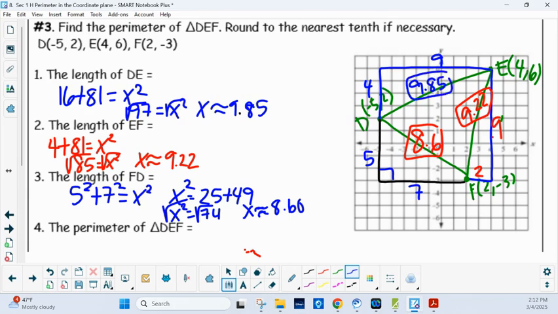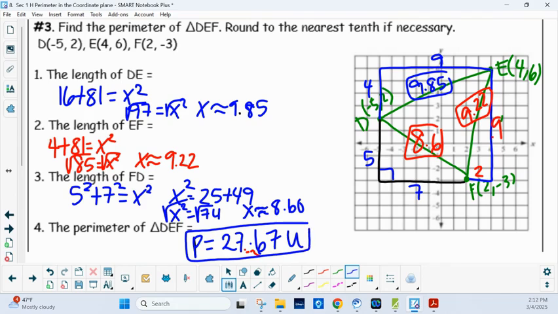And then you can add them all together to get our perimeter. What do we got? 27.67 units. So if your brain allows you to see those right triangles without getting overwhelmed with everything, you can do that. Or the distance formula is fine, whichever one you prefer.